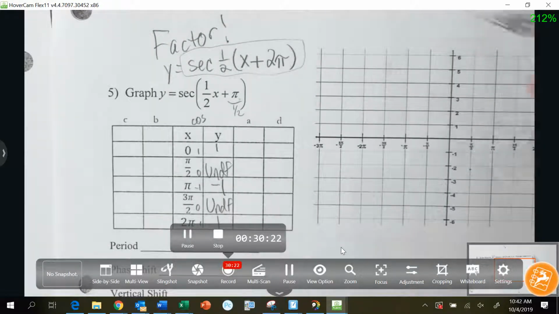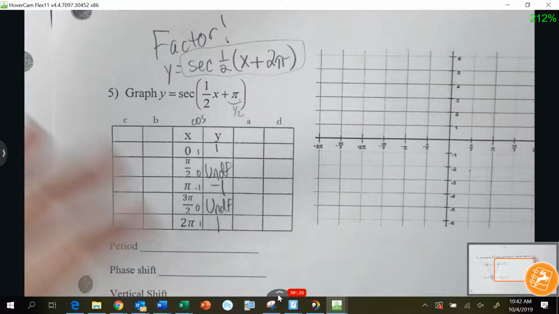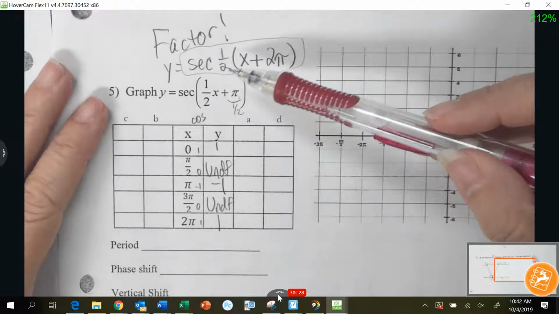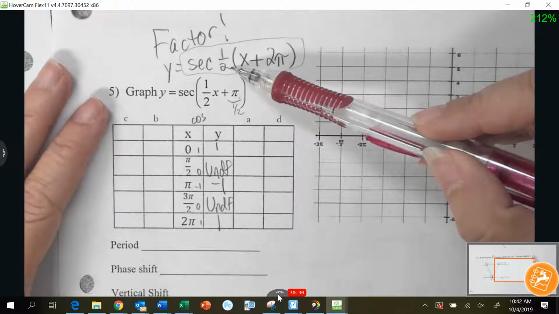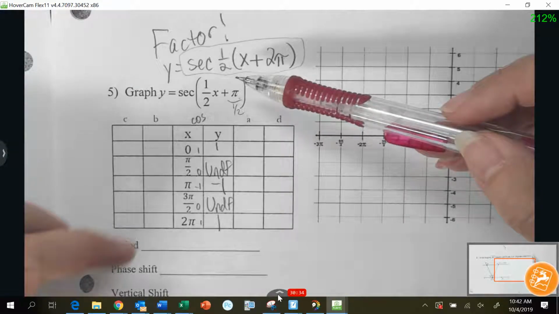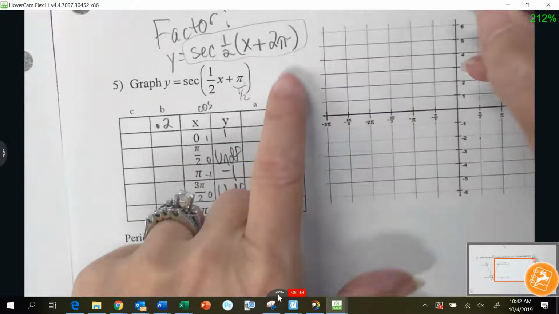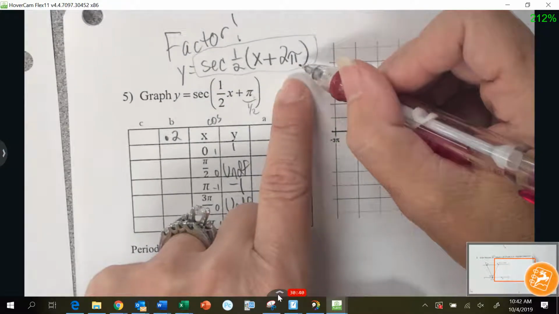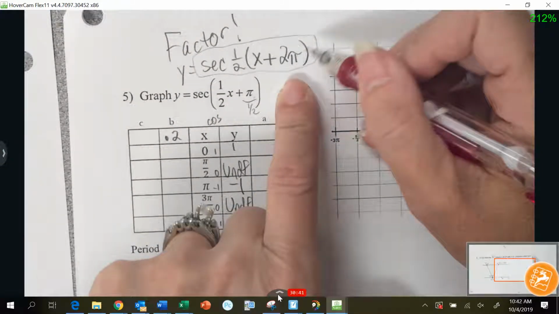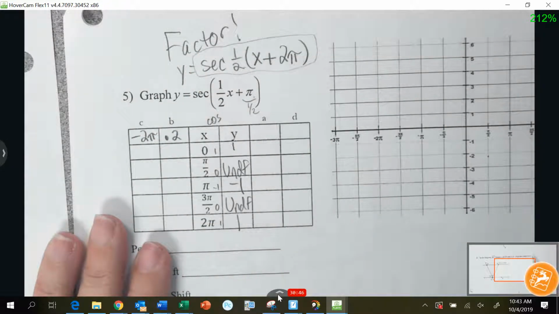Okay, so as soon as I start to fill out the table for this, half is horizontal. So that means it has to reciprocate, and we have to multiply my b values by 2. And then the plus 2 pi is also horizontal, so we have to minus 2 pi to the x values.